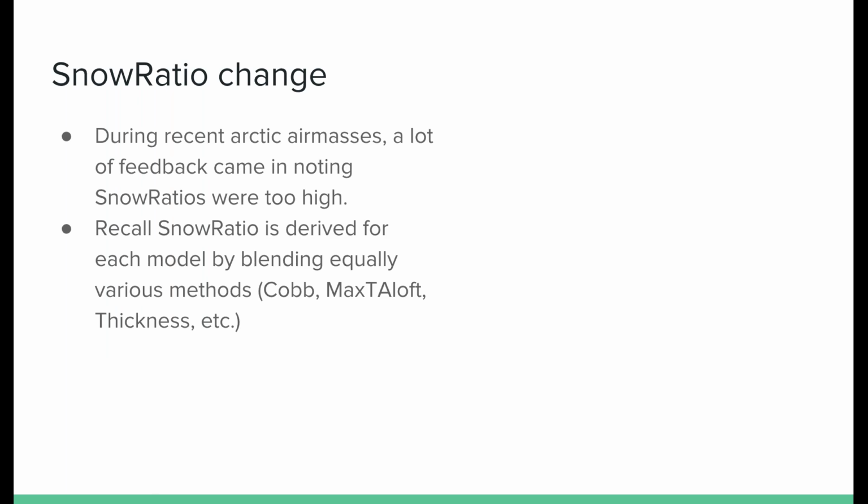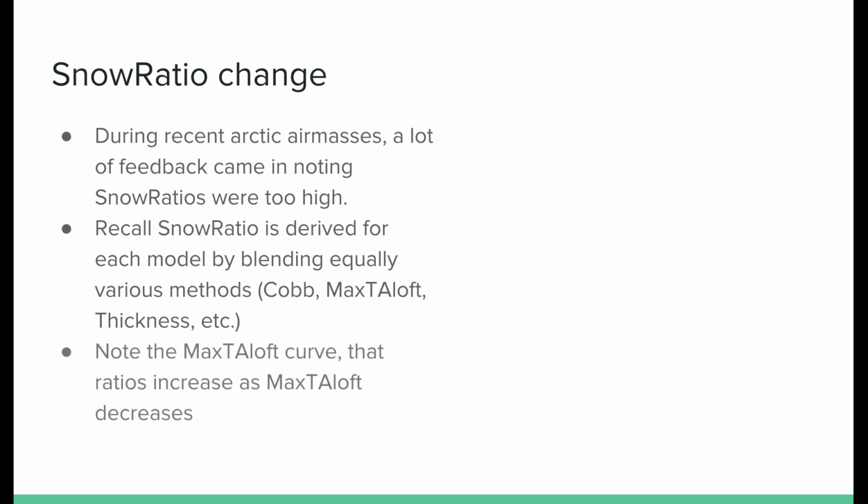And I thought, going back to the SnowRatio training, to give you a little reminder that there's a blend of methods for each model that takes place. It depends upon what the model has. For example, we have vertical motion from the RAP, the NAM, the GFS, so we can use the Cobb method for those. But for the Canadian, we don't have vertical motion, so you can't use it for that. Just an idea about these blending methods that are taking place.